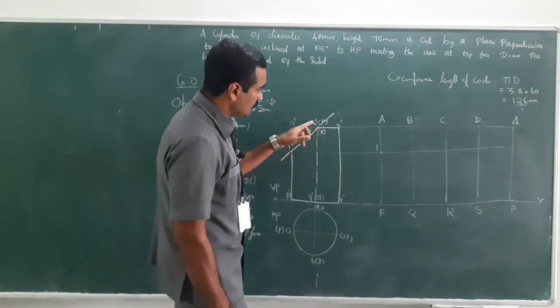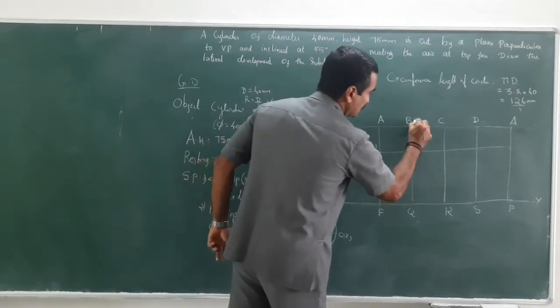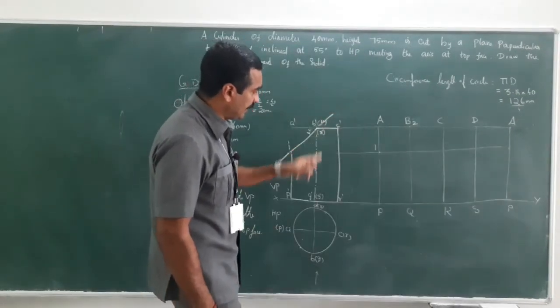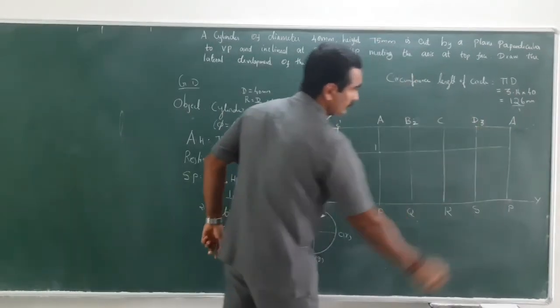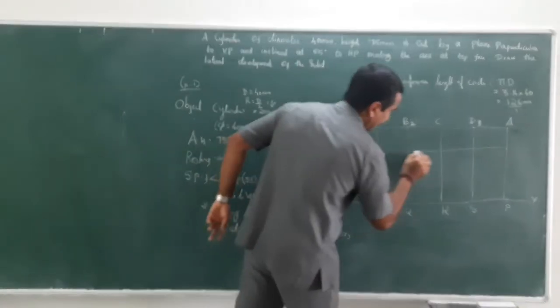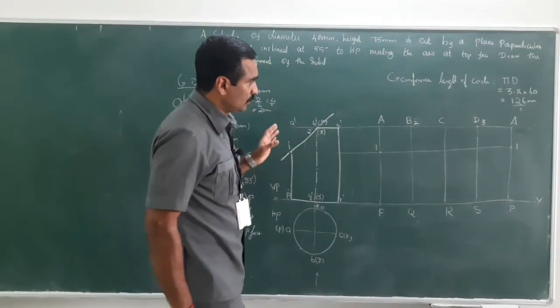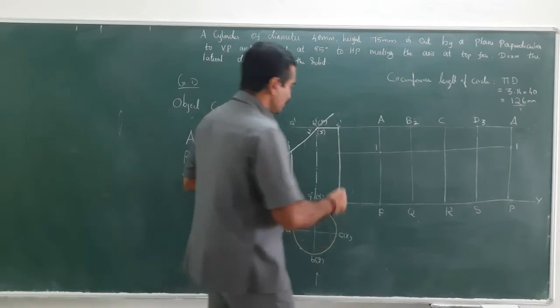So 2 is between B and Q. This is point number 2. And 3 is between D and S. Where is D? D is here. So 3. Next, 1 is between A and P. Look at here, where it is intersecting? Here. Right. So now I need to plot all the points here.